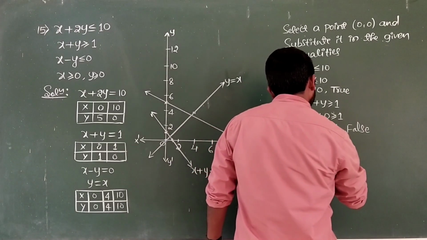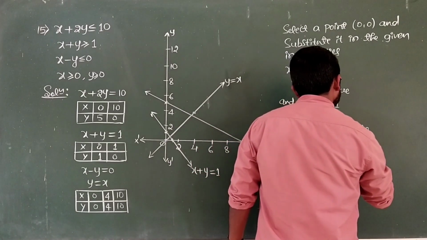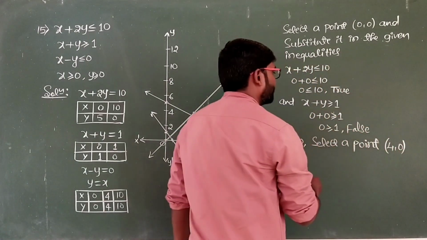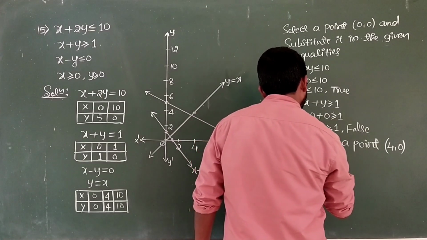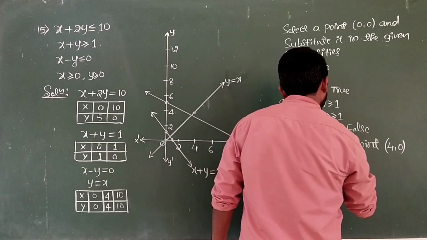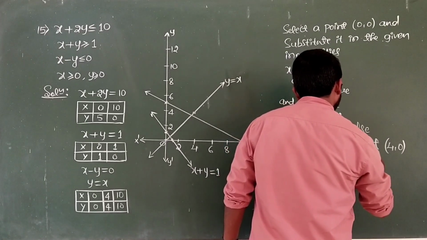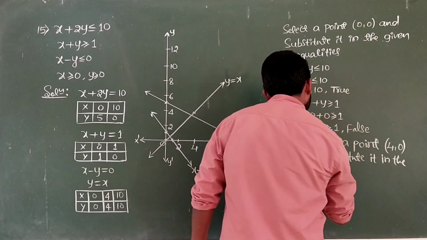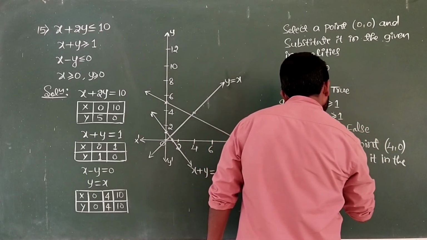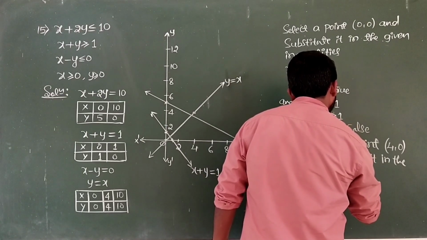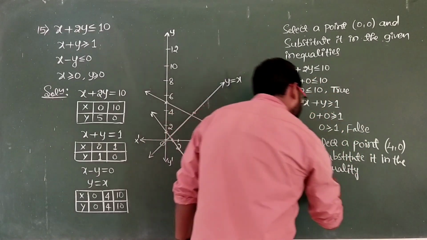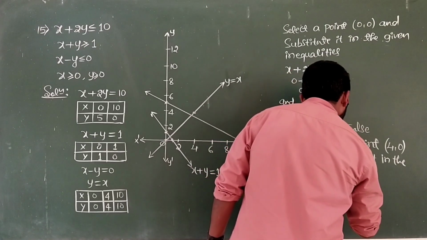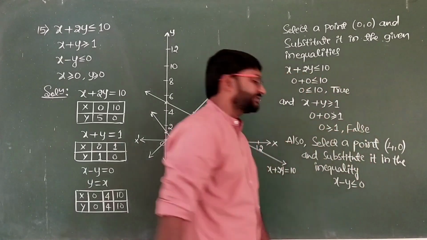Also select the point 4, 0 and substitute it in the inequality x minus y less than or equal to 0.